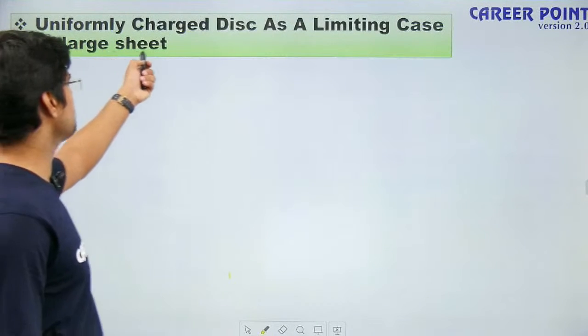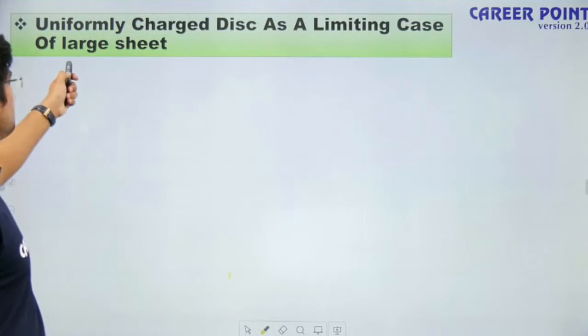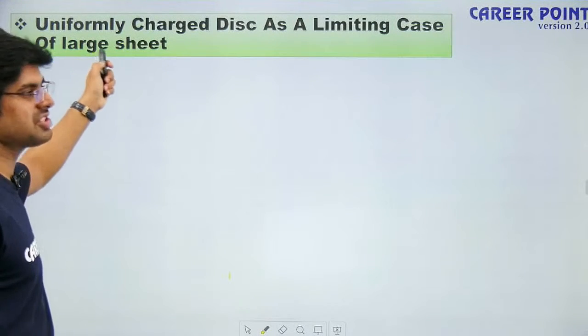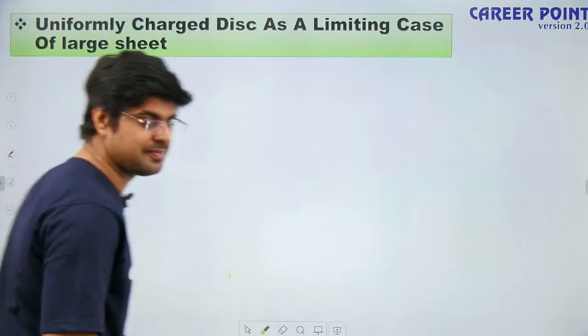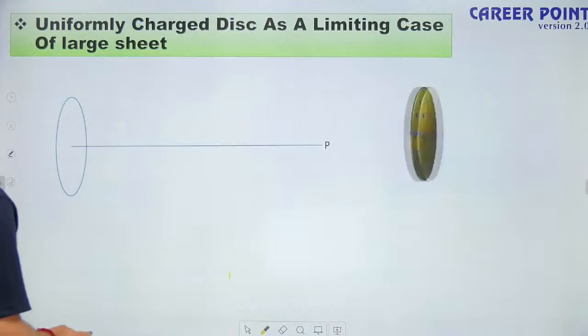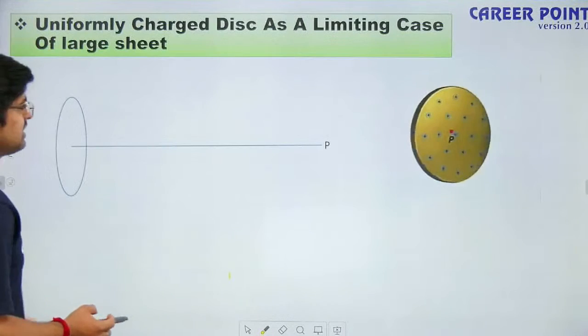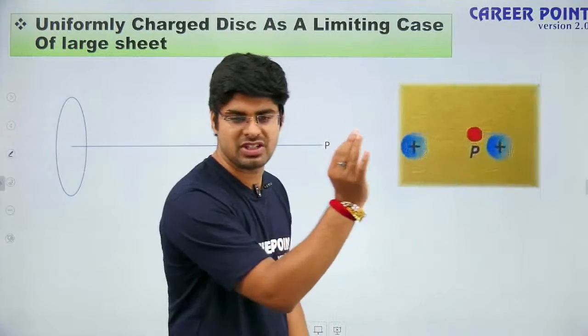So I am trying to find out electric field due to a uniformly charged disk or uniformly charged large sheet, with the help of the formula which I have got for the disk. So for this disk, suppose we have placed a point P in front of the disk.